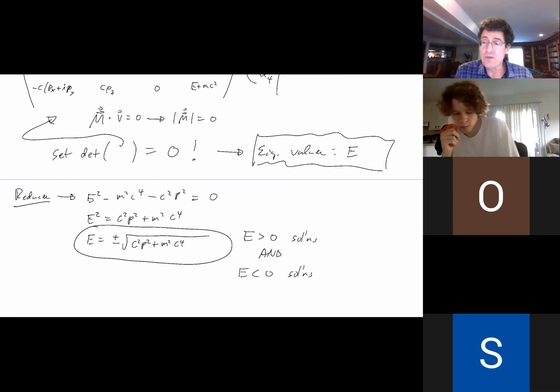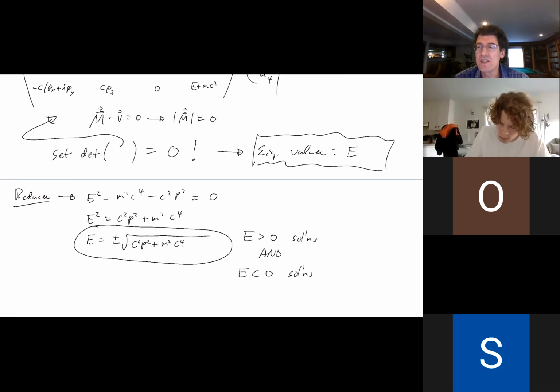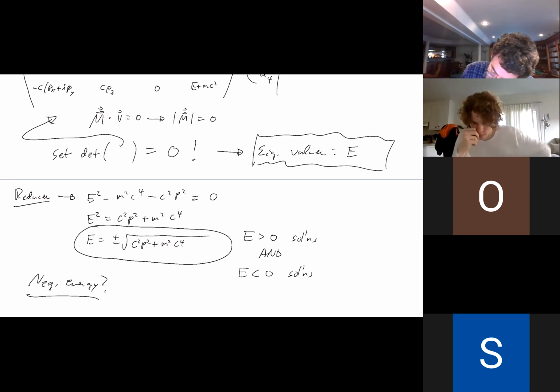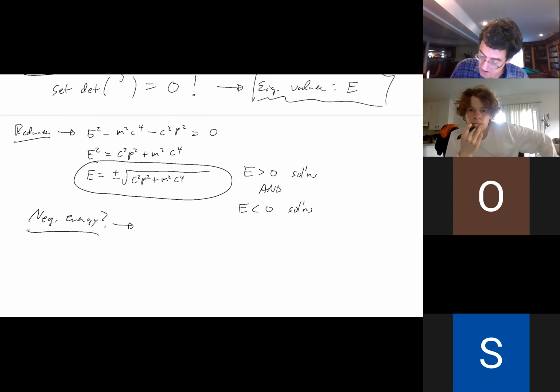And that is new, because we're talking about negative energy. What the hell does negative energy mean? It actually is totally confusing, because remember, we're talking about a free particle.